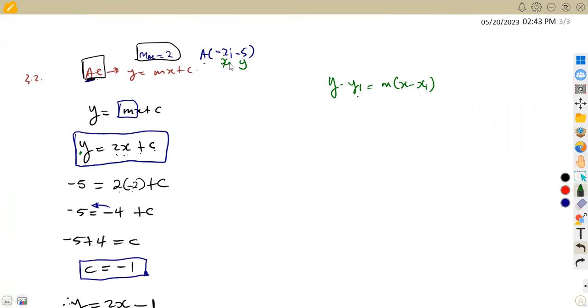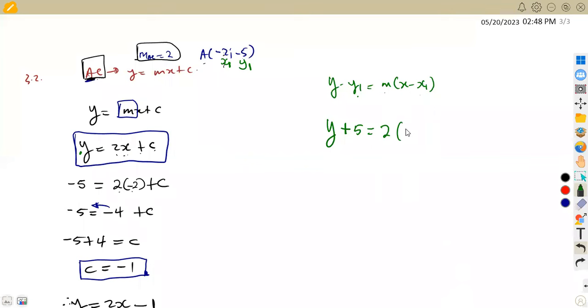So this time I'm just going to write this as x1, y1. So we are going to substitute everything into the formula y minus y1, which is a -5. So that's a negative and a negative gives us a positive, which is equal to m, which is our gradient of AC. So m is equal to 2 in this case.